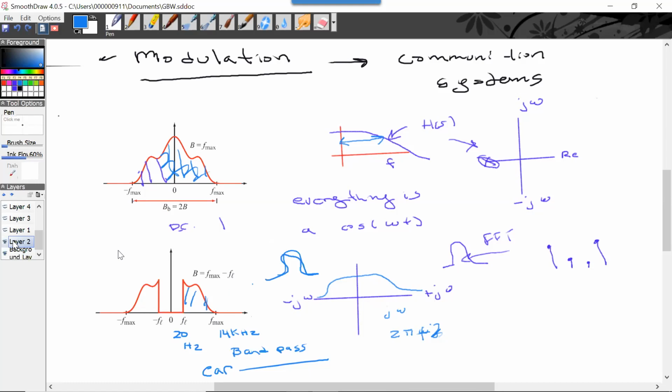So what we're going to do is modulate it.